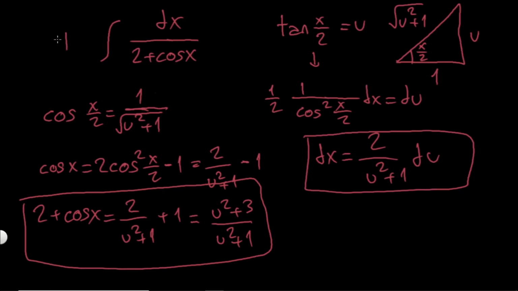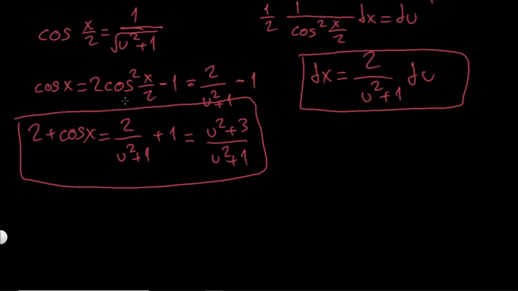So let's name our integral I and continue. I know what dx is and what the denominator 2 plus cosine x is. If I just put them in, I is going to be equal to: I have this 2, let's write it outside. I have 1 over u squared plus 1.